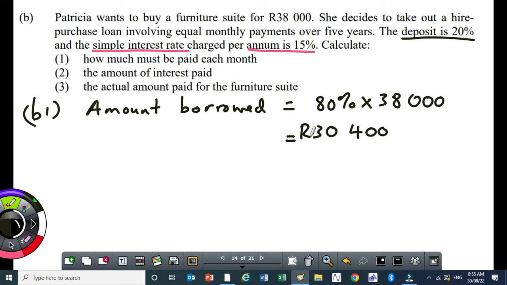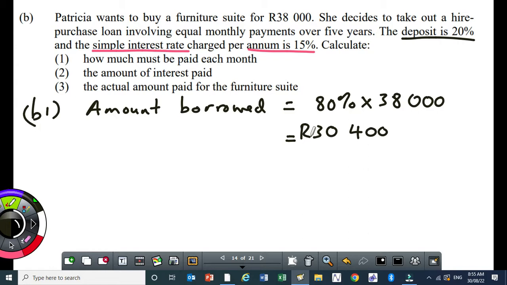Pay a deposit, it reduces the what? The interest. When I bought my car, I paid a deposit. Then the remainder I borrowed from the bank. If I had borrowed 100%, then the interest I was going to pay would have ended up being more. So if you pay a deposit, you reduce the cost of borrowing. You pay less in terms of interest.